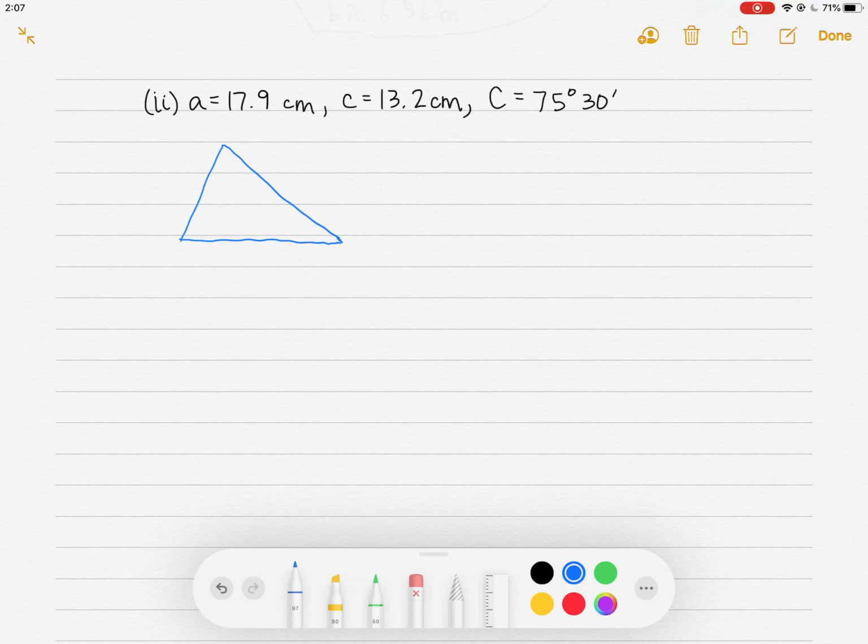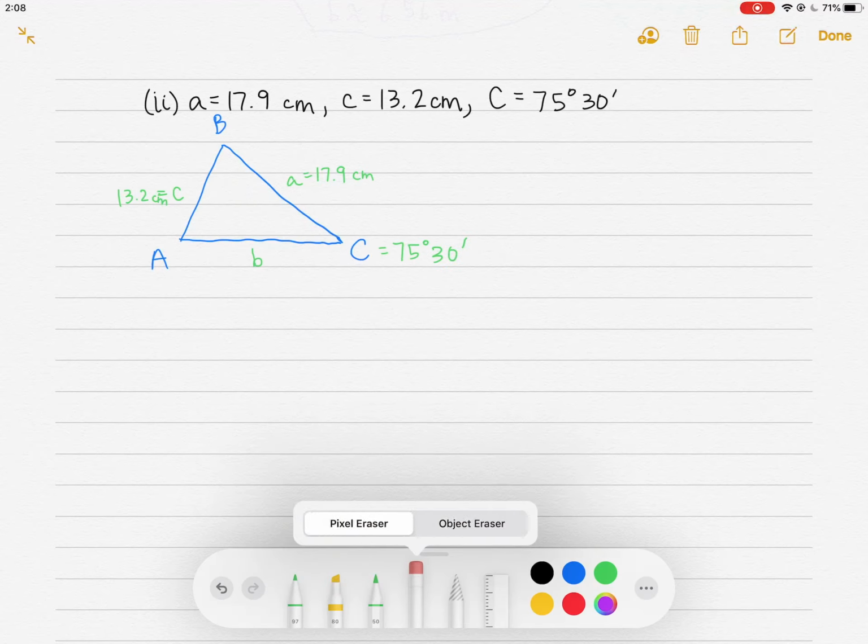It does not matter who you call A, B, and C, so maybe I'll call this A, this B, this C. It does then mean that you've labeled little a, little b, little c. Right now we know little a to be 17.9 centimeters and little c to be 13.2 centimeters. And big C is 75 degrees, 30 minutes.